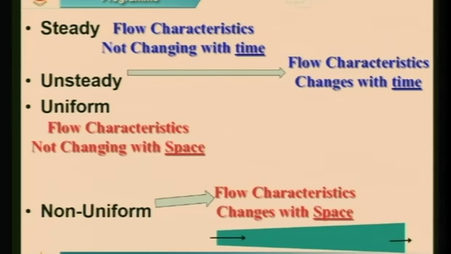So my dear students, steady and unsteady refers to the variation of flow characteristics with respect to time. Again, steady and unsteady is totally based on time. If the flow characteristics are not changing with time, you may be thinking, sir, what are these flow characteristics? Think, this is a system. At this particular point, the velocity is, for example, 1 meter per second.